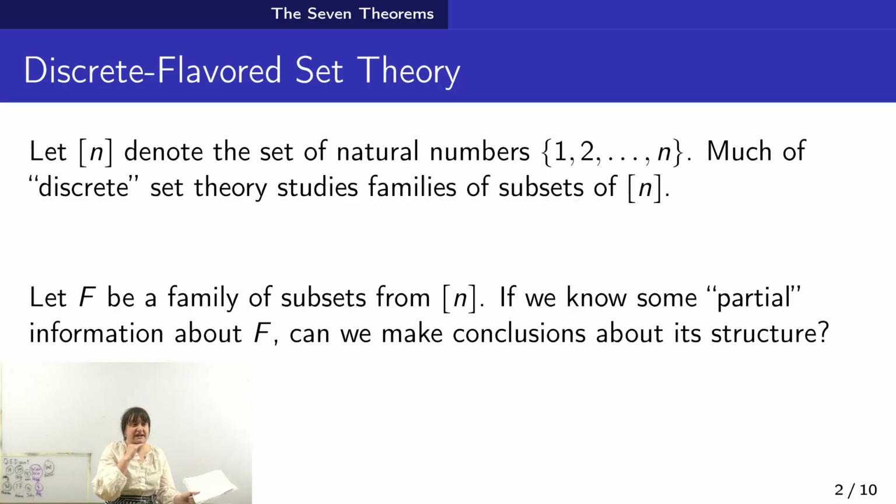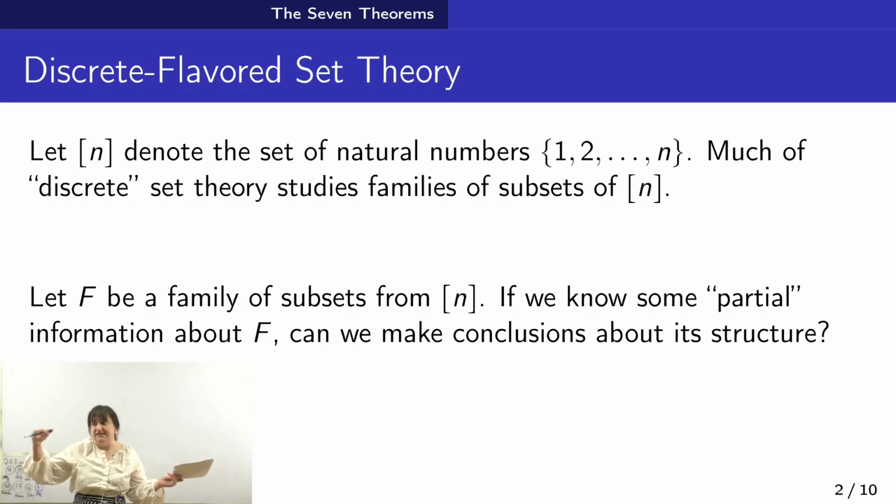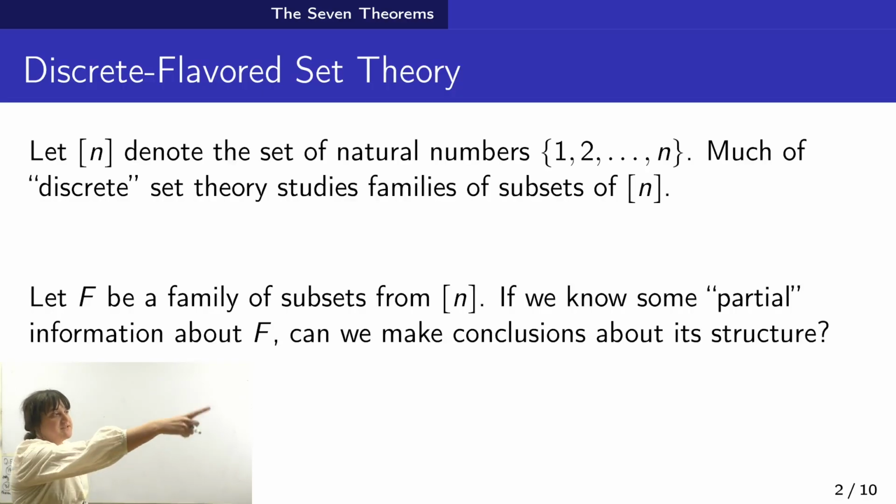So when we're talking about set theory, we're going to be thinking about starting with a base set of a finite number of elements. So for concreteness, you can say the integers 1 through n. And thinking about families of subsets here. So you have a set where every element in your set is a set that is some subset of 1, 2 through n.